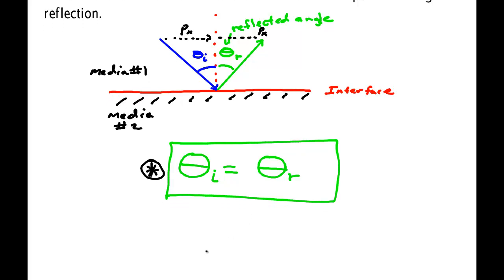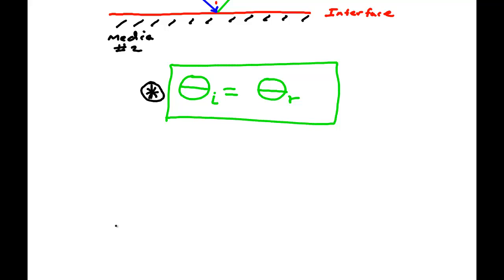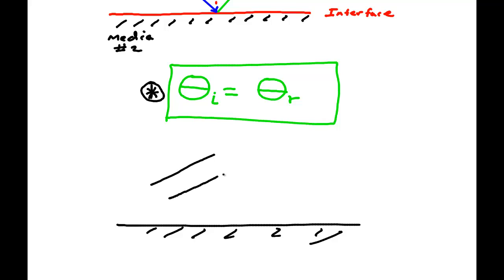The other thing, just to make sure that we're clear, what we're talking about from a wave perspective is to remember that when we talk about these, although we draw arrows for these rays, this is really a wave. So there's really a wave front coming down. The ray is perpendicular to that wave front.